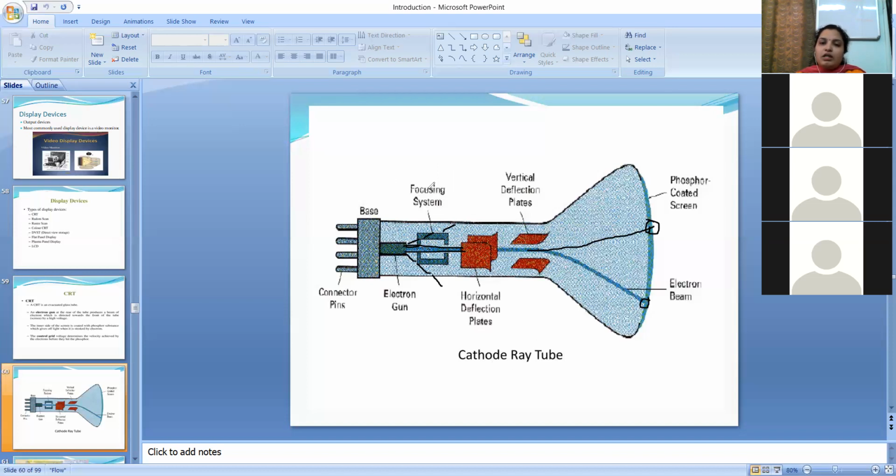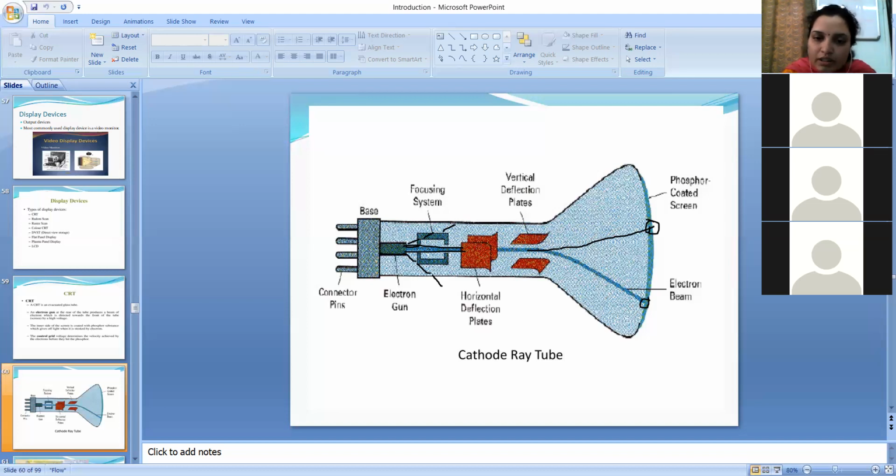Next come the horizontal deflection plates and vertical deflection plates. You have two pairs of horizontal and vertical deflection plates. Depending upon the image, they guide the electron beam to strike at the appropriate location on the screen.